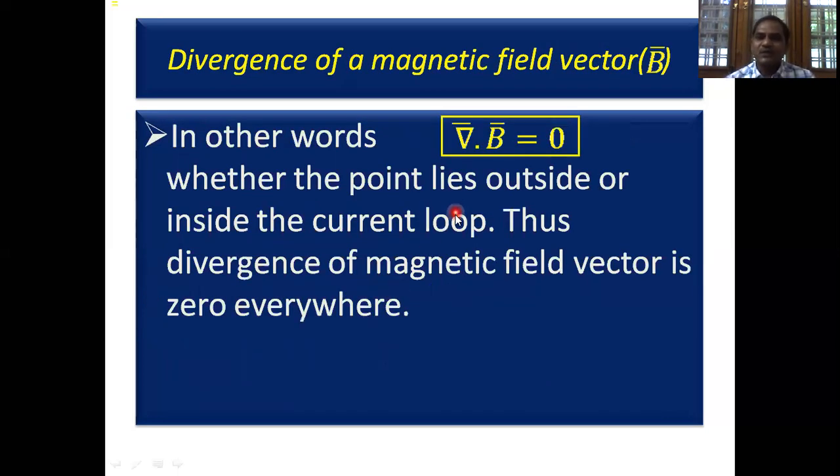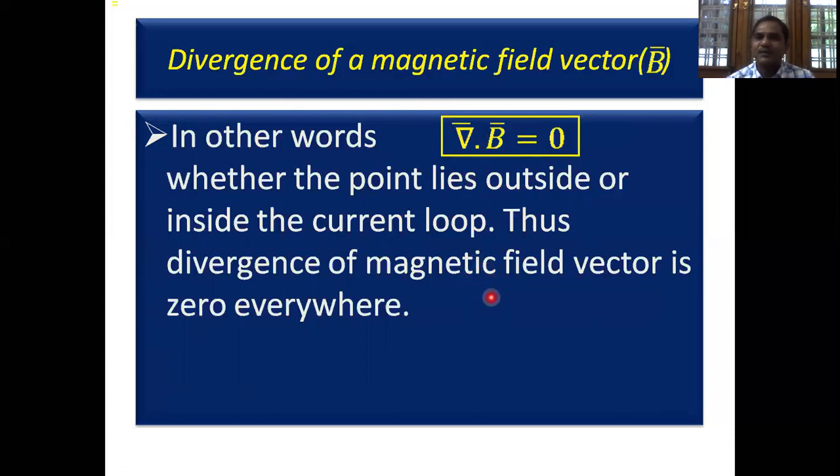In other words, you can express that del bar dot B bar equals 0 whether the point lies outside or inside the current loop. Thus, the divergence of the magnetic field vector is 0 everywhere. If you consider the current carrying loop, if you consider a point either inside the loop or outside the loop, at every point the magnetic field divergence always equals 0.